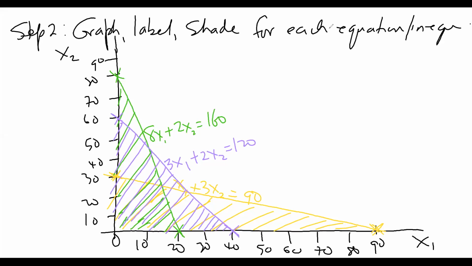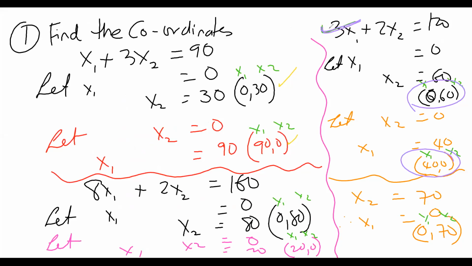Now it says x2 less than or equal to 70. To graph this, let me use a different color, blue.